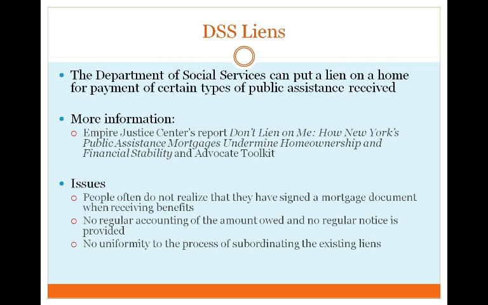I know in some counties it may be easier than others to subordinate a DSS lien, but really this is a big problem. Part of what's in the report as well is a list, by county, of which counties have a lot of these mortgages, which can give you an idea of where you're practicing, how much this is really going to create a problem for your clients.